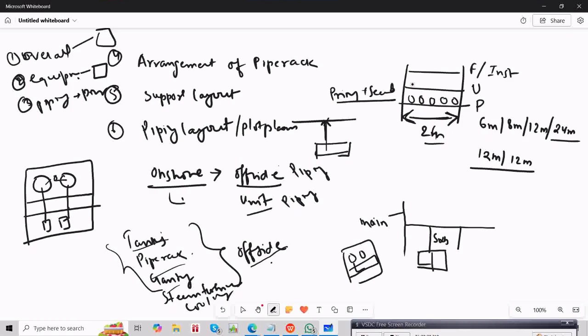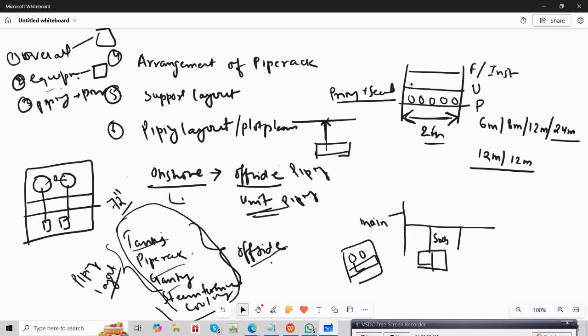But in this area, you have to generate piping layout, but for unit piping you will not generate piping layout. You will only generate equipment layout, because in this offside area the maximum size of pipe is 72 inch.